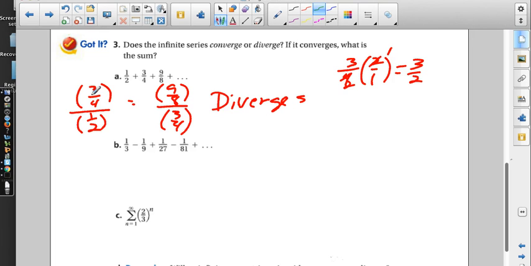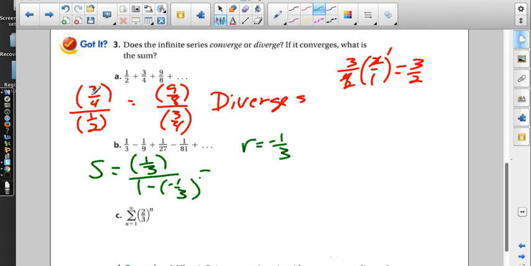For B, it was usually a negative mistake if somebody messed up. Most people could look at this and say, they're multiplying by 1/3, but every other one is negative, so they're multiplying by negative 1/3. Now the negative doesn't matter. What matters is 1/3, a fraction between 0 and 1. So S equals a sub 1 divided by 1 minus r.